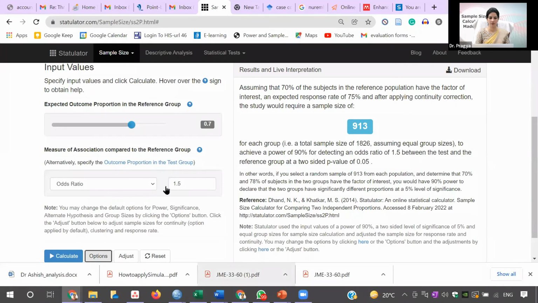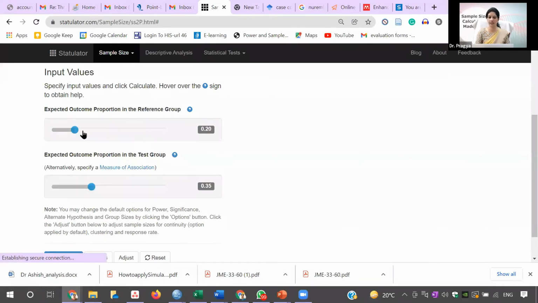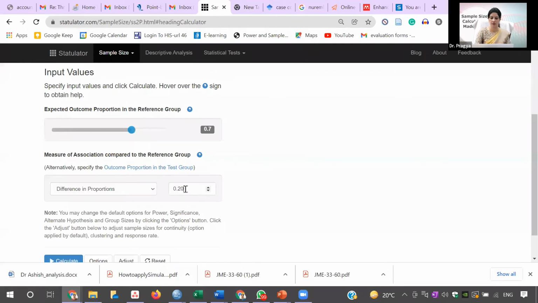Now you can see that 70% was the exposure in the control population, so it is 0.70, and the odds ratio was 1.5. I have selected this odds ratio. No, it was 2, I guess.